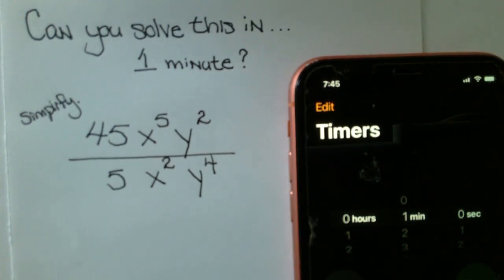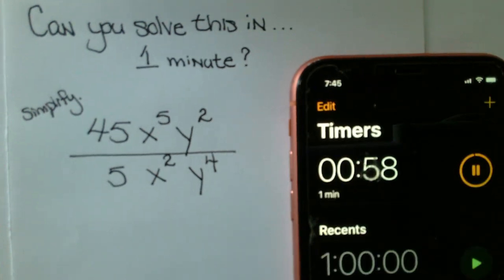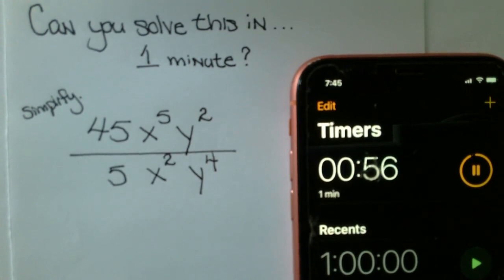So, I want to know, can you solve this in 1 minute? Hold your answers until the end of the timer as you guys are coming in. You're probably like, whoa, we're getting started right from the beginning. Yep. Can you solve this, or really simplify this, in 1 minute? There's a reason why there is a timer. Try to do it to the best of your ability.